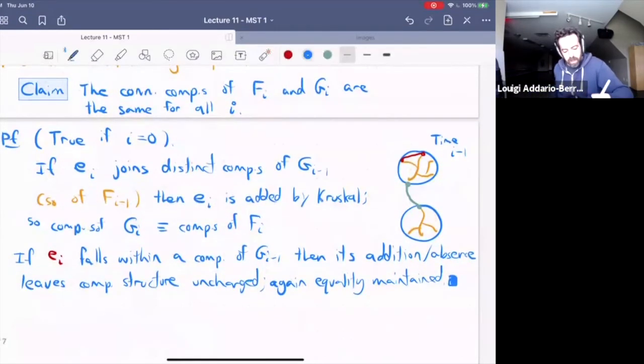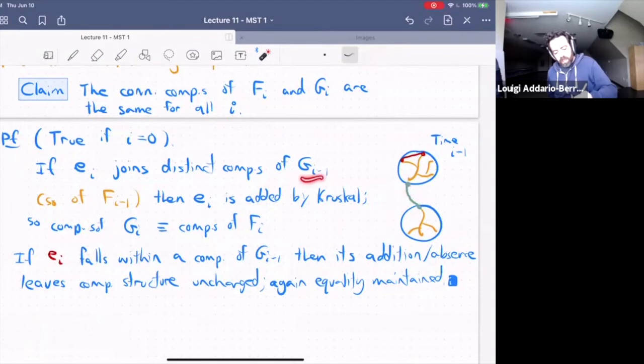Right, but that means this claim says that the edges added by Kruskal's algorithm are just the edges that join distinct components of G_{i-1}, because it doesn't matter whether we talk about G_i or F_i for determining the component structure.